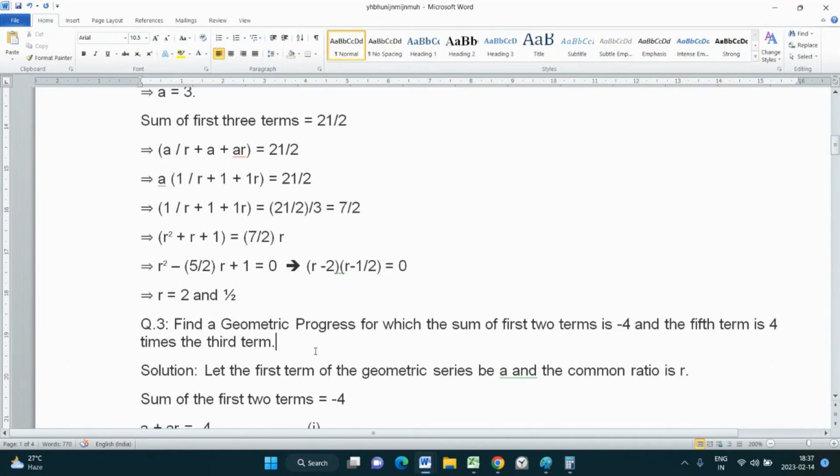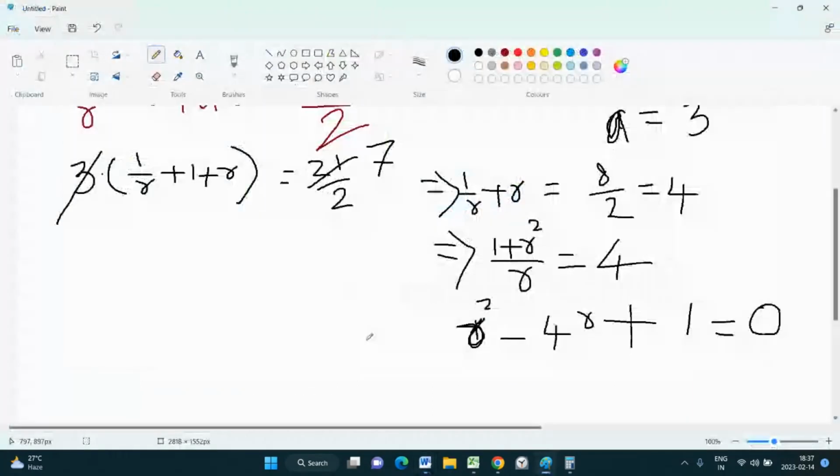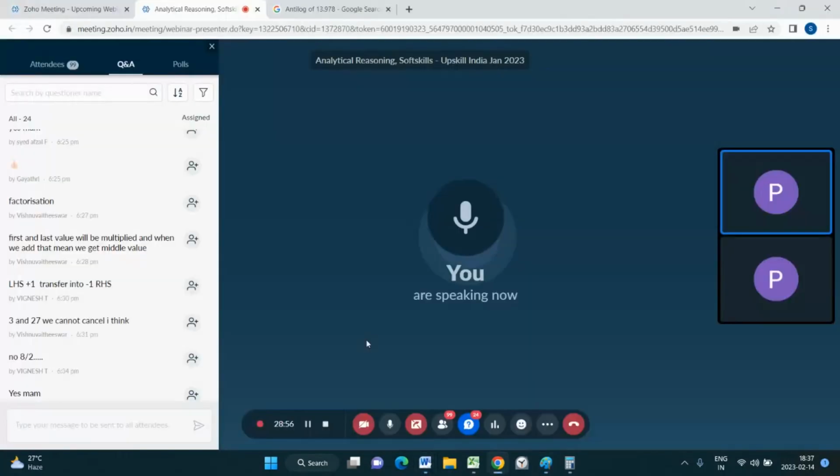Fine. Find the geometric progression for which the sum of the first two terms is minus 4 and the fifth term is 4 times the third term. Can you just find out quickly? How will you do? You just tell me how we will start.